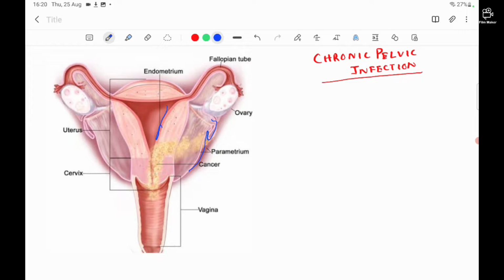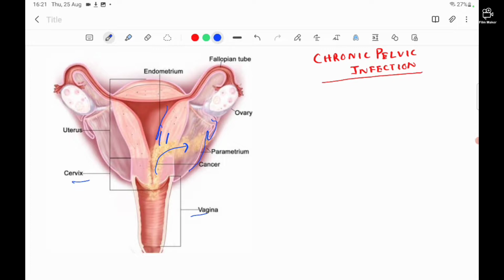These things always spread through all these regions of the main genital organ parts, like the vagina, the cervix, then the endometrium, the myometrium, then it spreads to the parametrium.